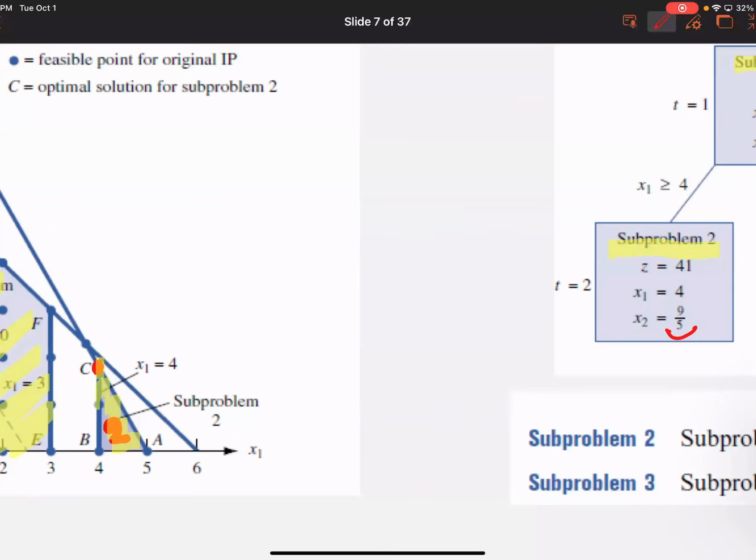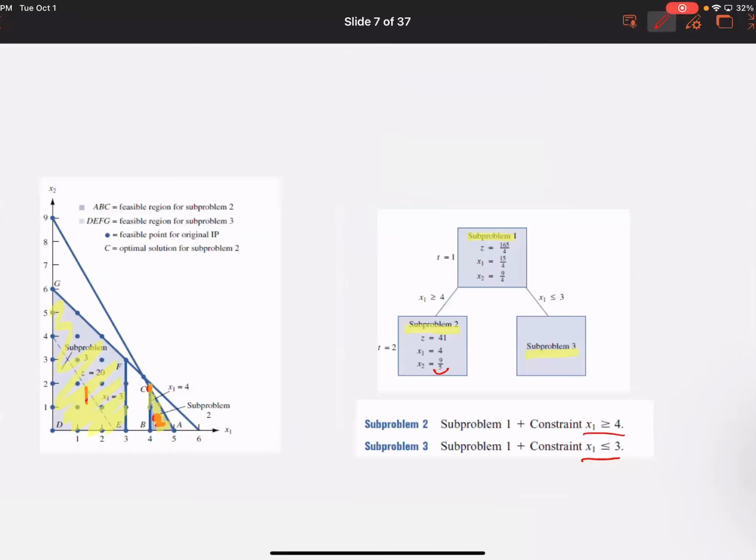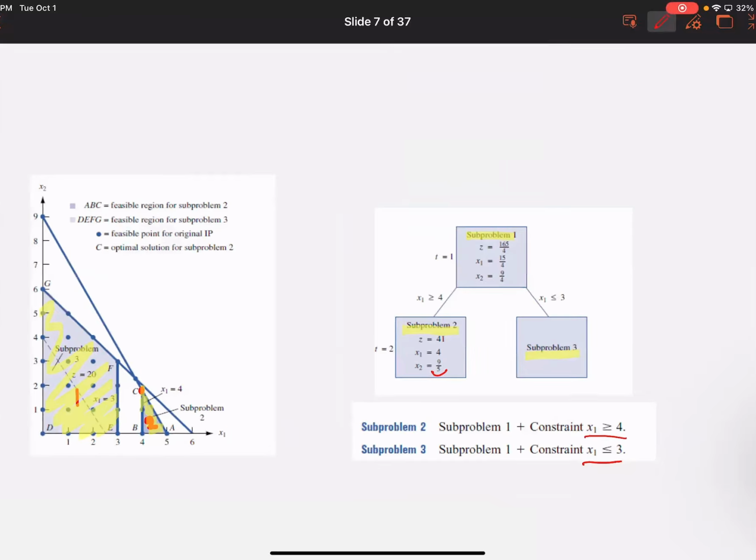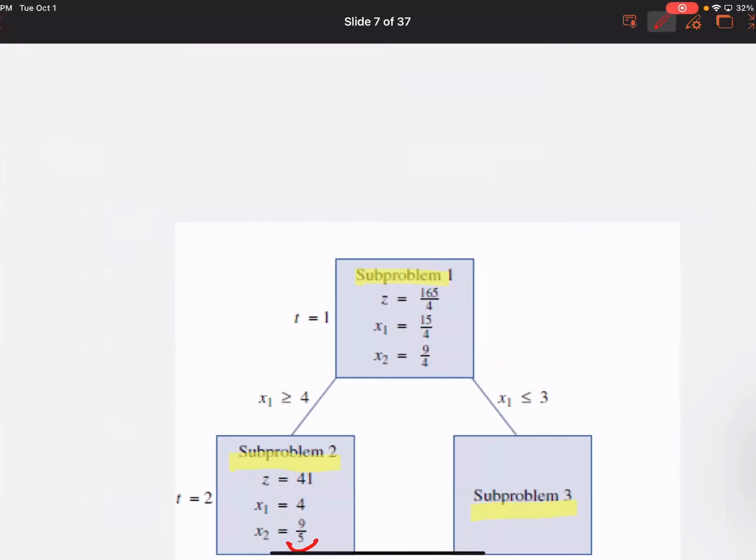One thing happened though. When I solved the LP relaxation, the z was that, right? When I solve a new problem, which is the original problem plus a new constraint, what happens to the optimal solution?